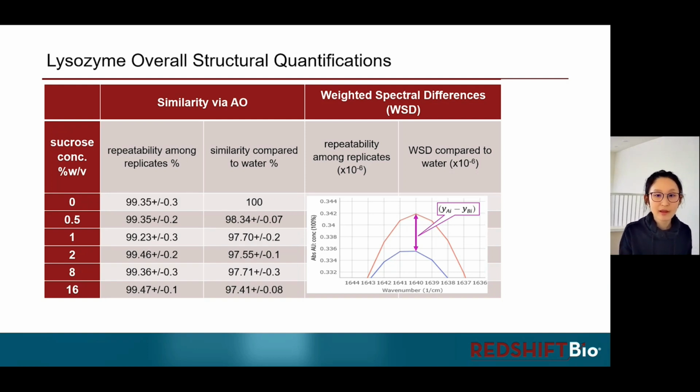So using this method, here in the first column, we have the repeatability among the 3 replicates, which are all above 99%. And in the second column, we have the similarity compared to lysozyme in water with 0 sucrose. So here we see a slight change in the structure with the presence of sucrose.